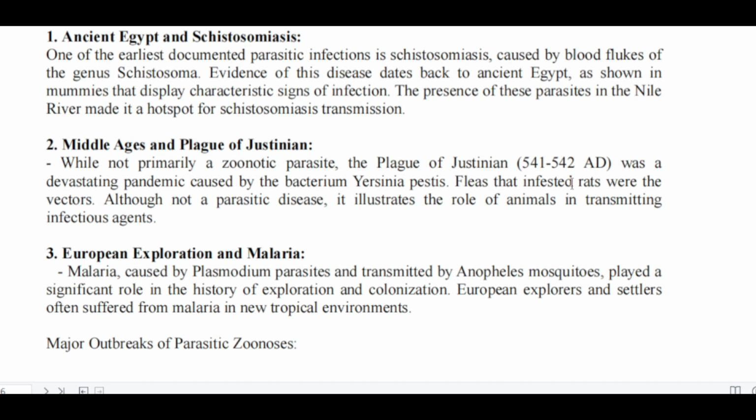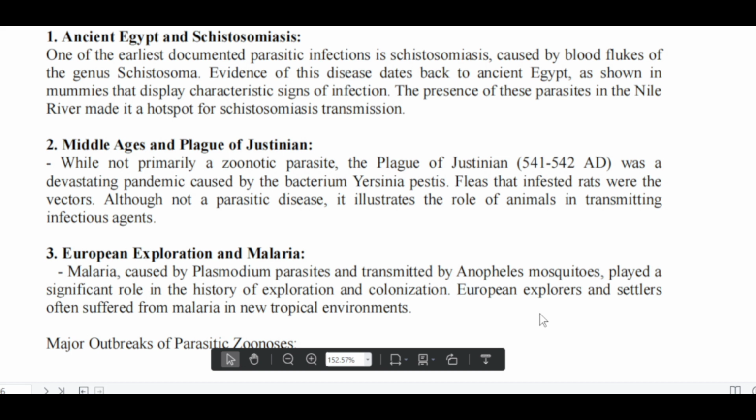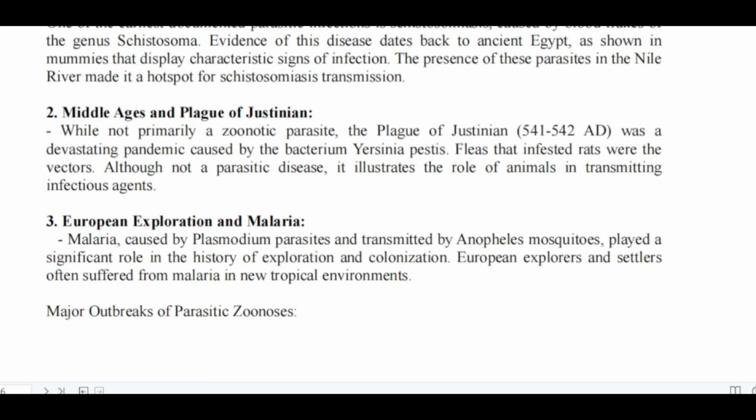Fleas that infested rats were the vectors. Although not a parasitic disease, it illustrates the role of animals in transmitting infectious agents. Because rats were involved, in fact, they were the vectors of the disease, so it's a zoonotic disease. That's why it is brought here.